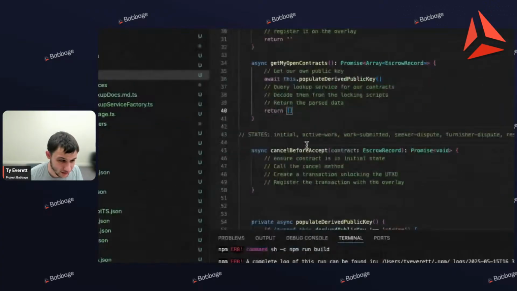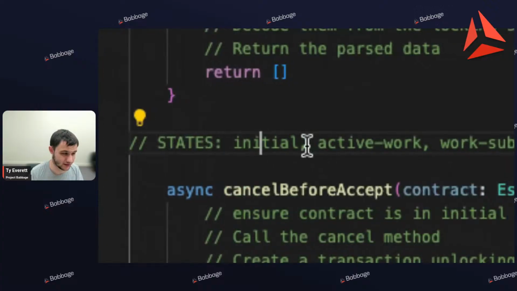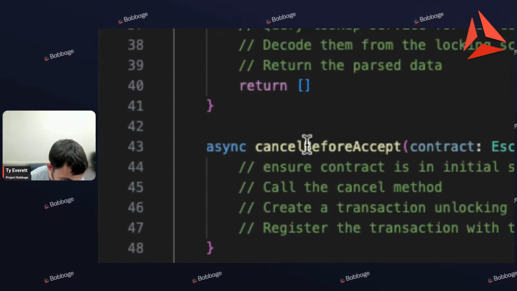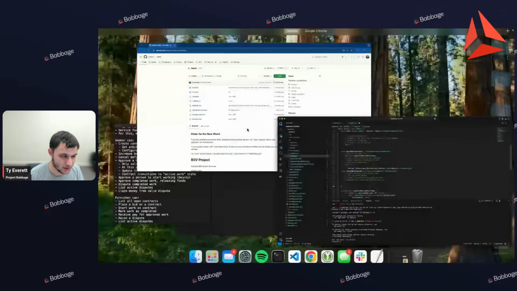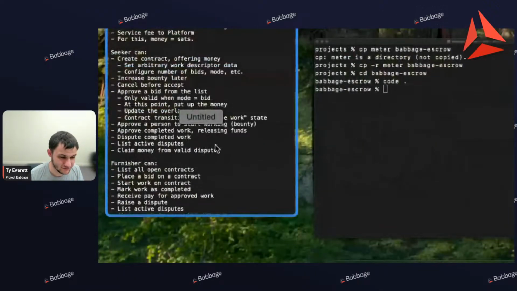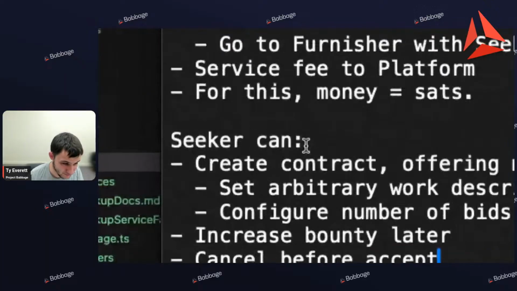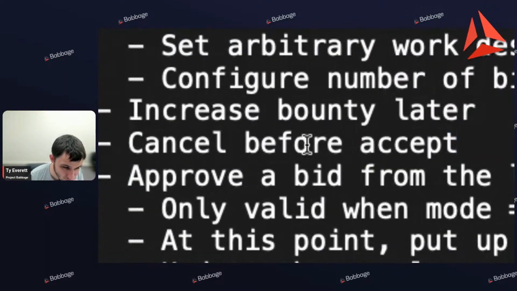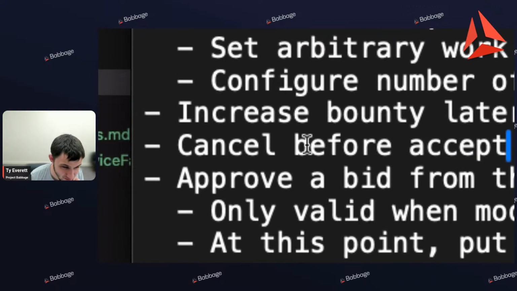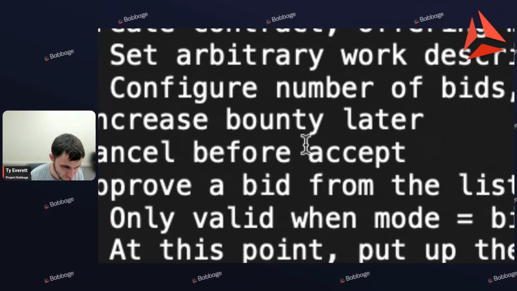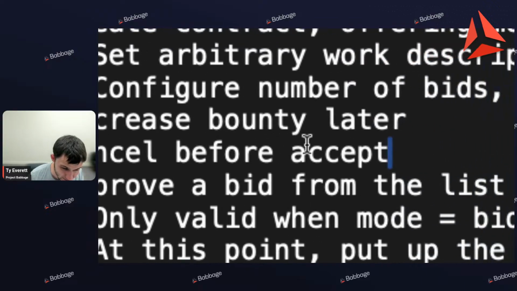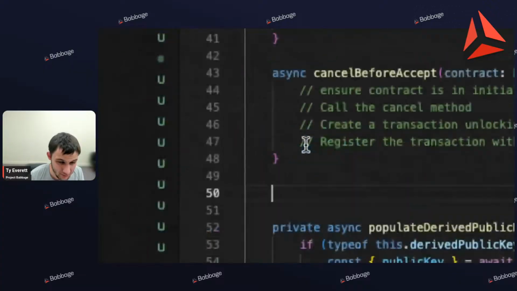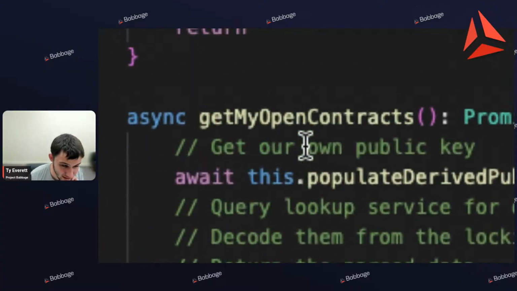And what we want to do now is we got rid of this comment, kind of actioned it. So let's see. And create an offer, and I can accept. That's on the other side. To increase the bounty on an existing contract, I can list all of my contracts.